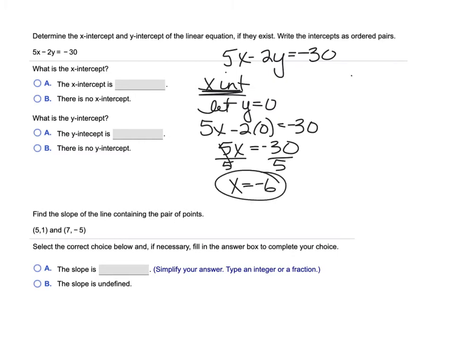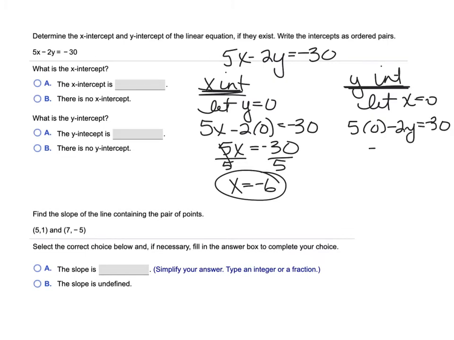Okay, for the y-intercept, you do the opposite. For the y-intercept, we let x equals 0. Plug it in, same thing. We solve it out by dividing. We get y equals 15.